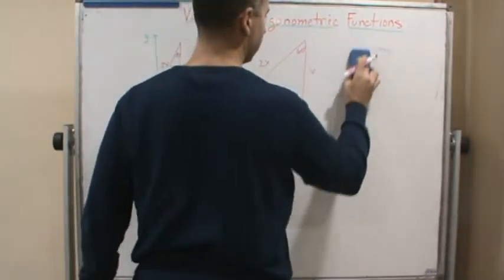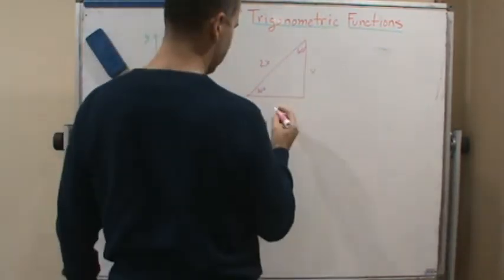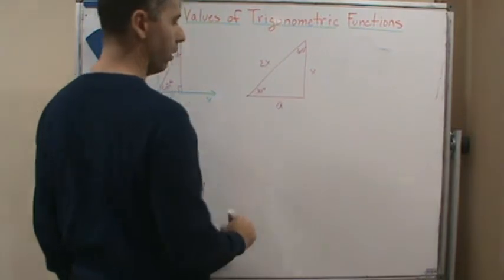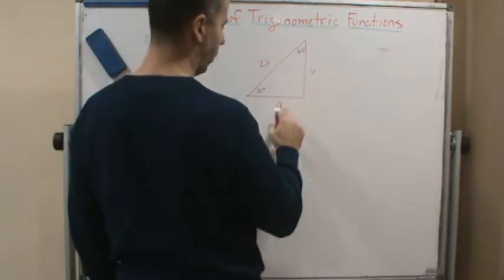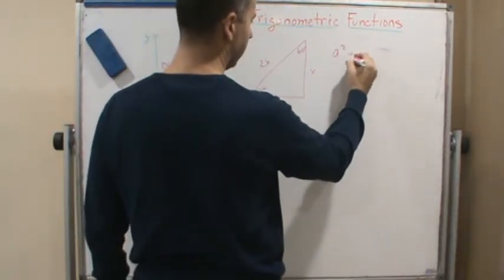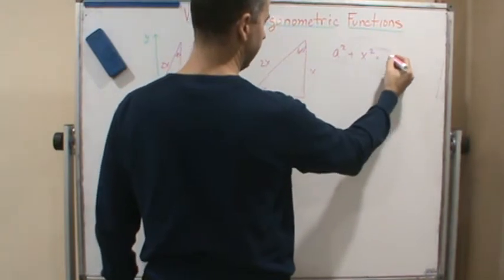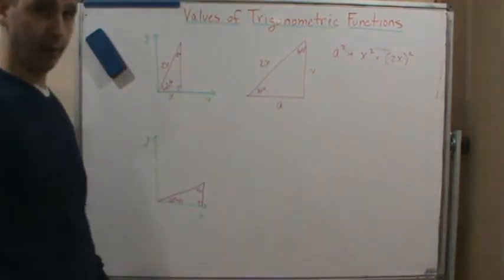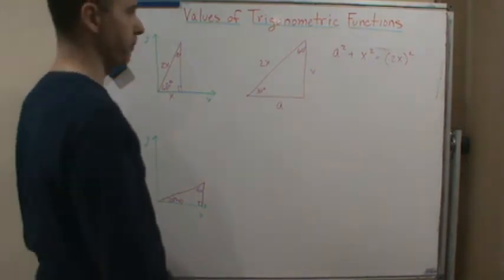Let's say this is A. So we know A squared plus x squared equals 2x quantity squared, we're just using the Pythagorean Theorem.